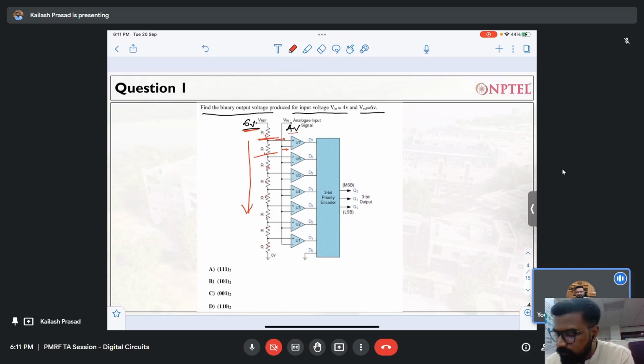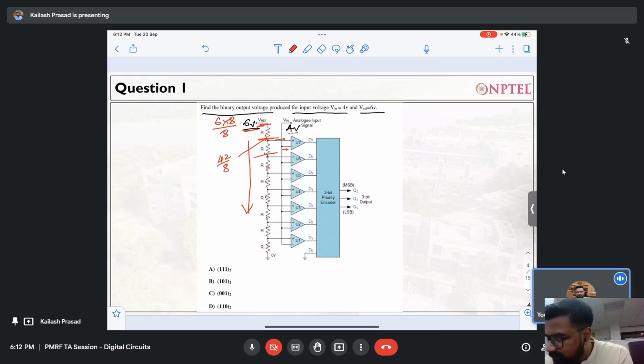How do you approach this problem? If this is your Vref, which is 6 volt, you can write this as 6 multiplied by 8 by 8. This node is connected by 7 resistors, so you can write 6 into 7 by 8, that is 42 by 8.